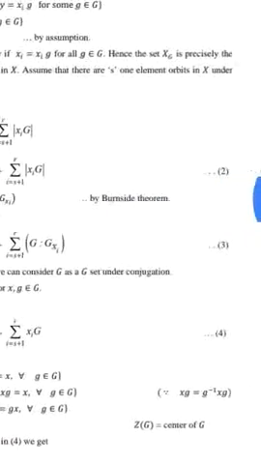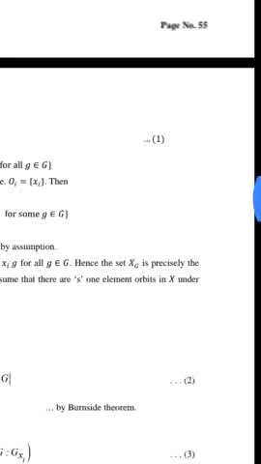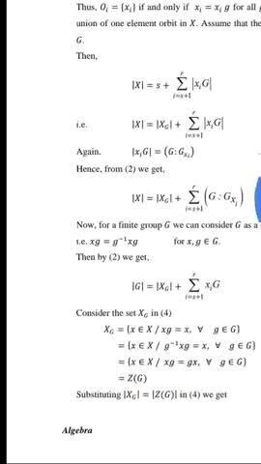Assume that there are s one-element orbits in X under G. Then the cardinality of X is equal to s plus the summation of the cardinalities of the orbits of xi for i equal to s plus 1 to r, and therefore the cardinality of X is equal to the cardinality of XG plus the summation of the orbit cardinalities for i equal to s plus 1 to r.